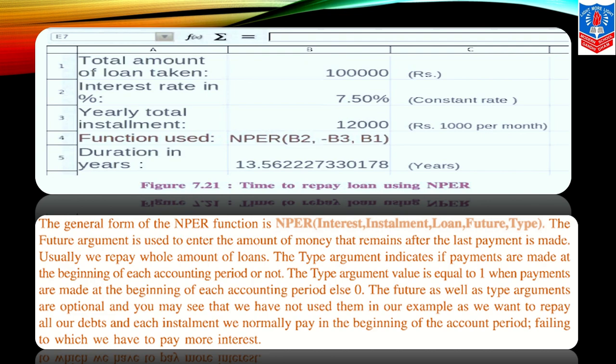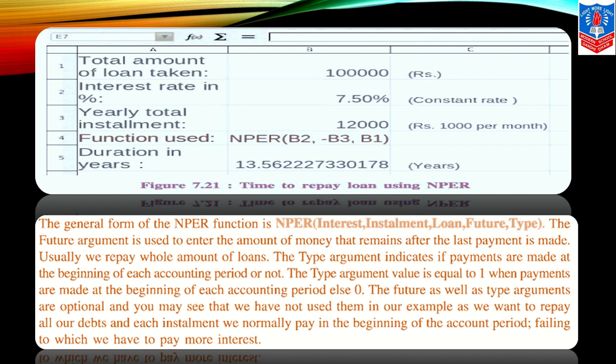The total amount in rupees we have written over here: 1 lakh. Then the loan taken, interest rate is 7.5. Then yearly total installments 12,000, as per month 1,000. Function used: NPER B2 comma minus B3 comma B1.